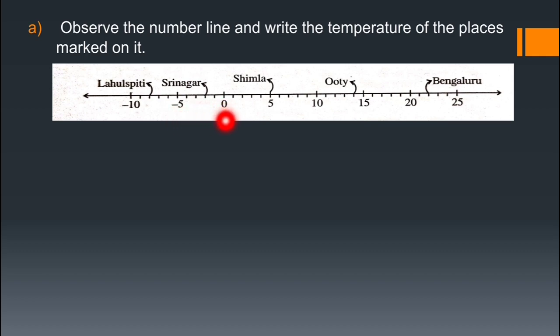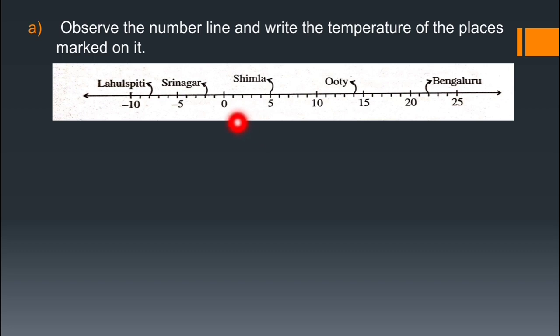Now you can see that from 0 to 5 degrees centigrade, in one big division there are 5 small divisions: 1, 2, 3, 4 and 5. So we can say that 5 degrees centigrade corresponds to 5 small divisions. So one small division is equal to 1 degree centigrade.